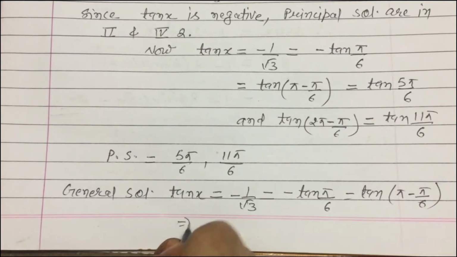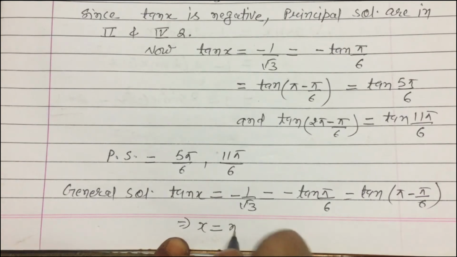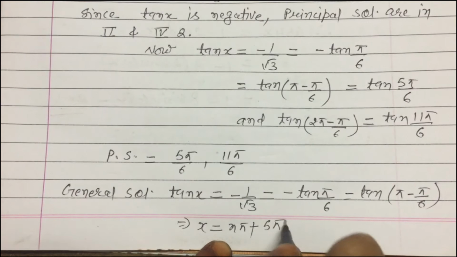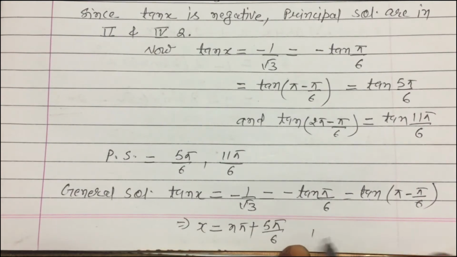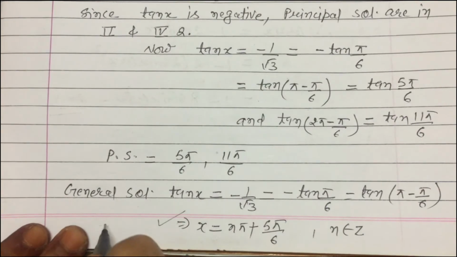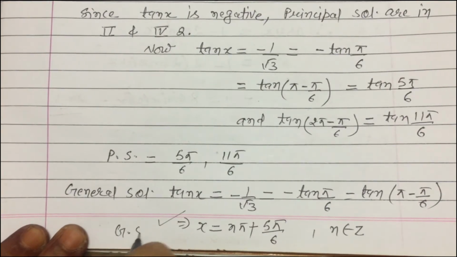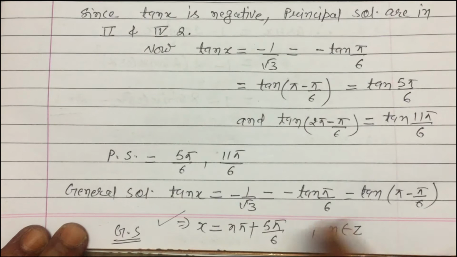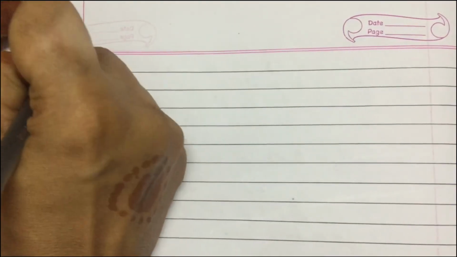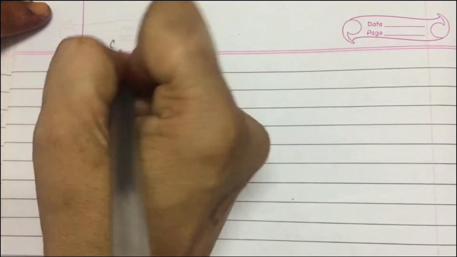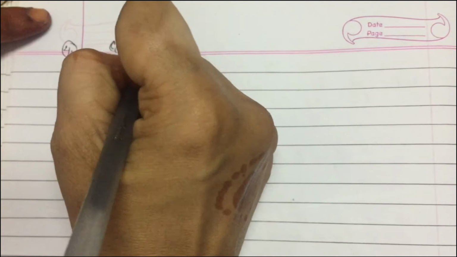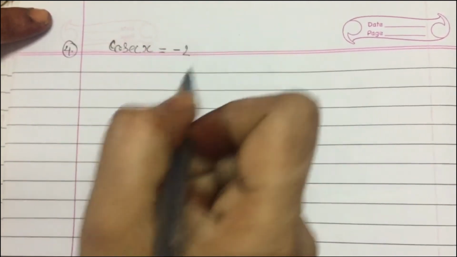Okay, so x is equal to n pi plus 5 pi by 6, where n belongs to Z. So it is the general solution, and that was the principal solution. Next, for question number 4, here it is given cosec x is equal to minus 2.